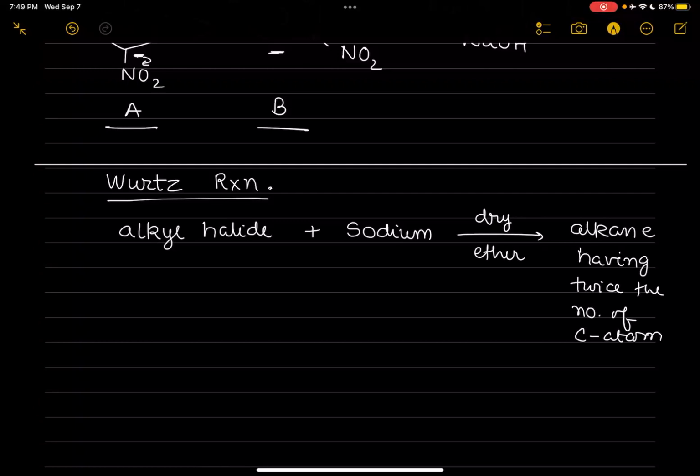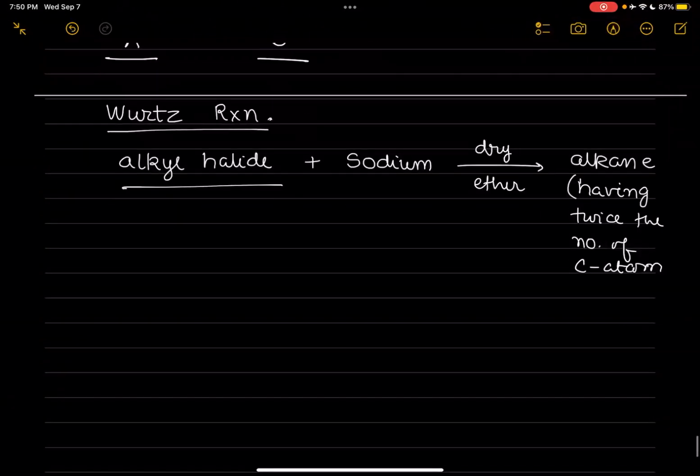Which is having just double the number of carbon atoms which are there in the alkyl halide, plus sodium salt.